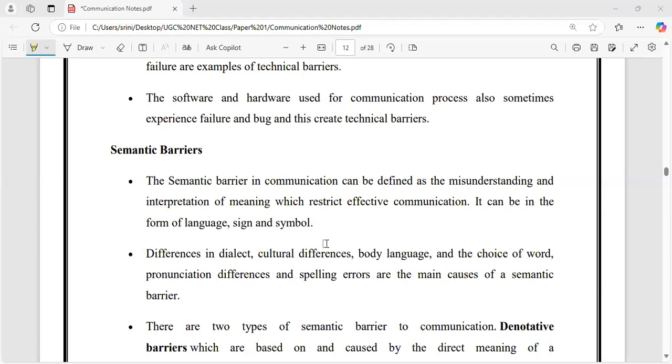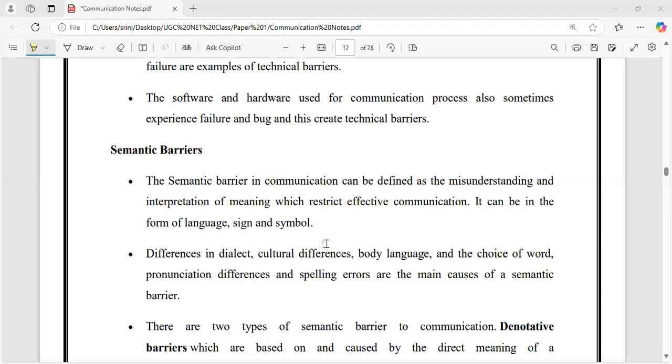Someone might think that he is coming from that area, he is coming from that district, so he might be that way. Like that.